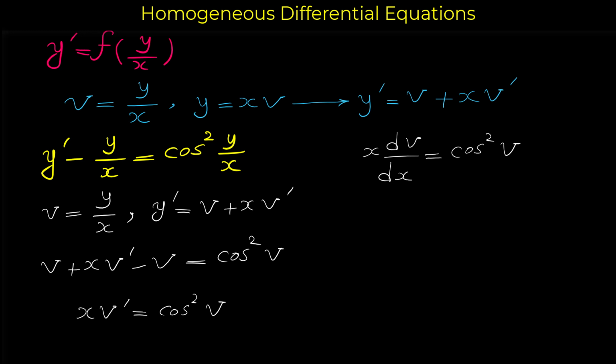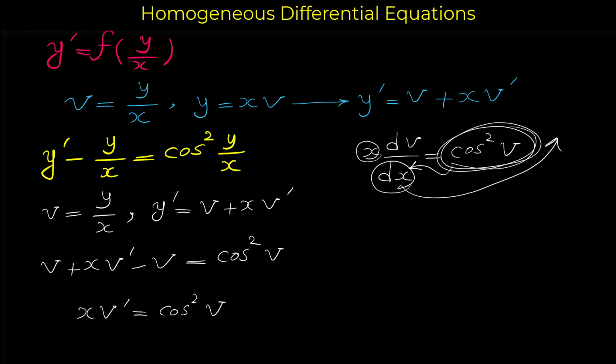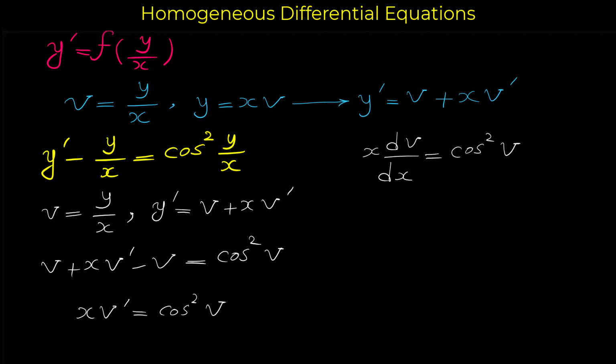Now, here, if we move this cosine squared of v to the denominator of dv, and we move dx to the top, and we bring x to the denominator, actually, if we do a cross multiplication, we can write this differential equation in the form of dv over cosine squared of v equals dx over x. We want to separate v from x.